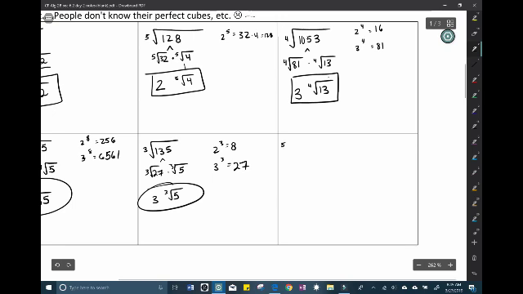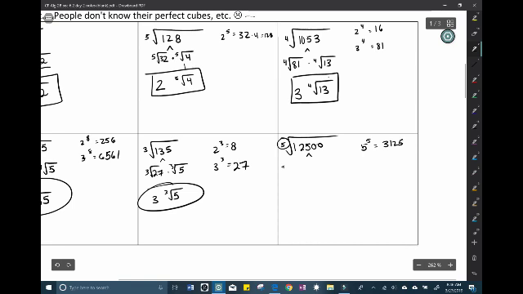Another example. Examples always help. The 5th root of 12500. It's always a good idea, if you see something to the 5th, to try out something. So let's try 5 to the 5th, and that is 3125. If we divide that in, it does work out.